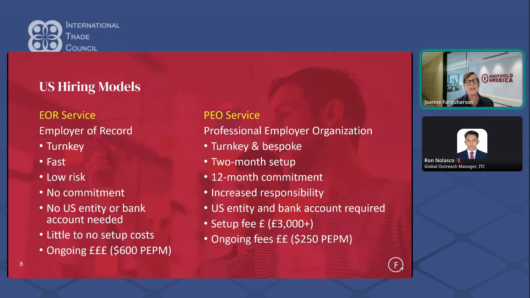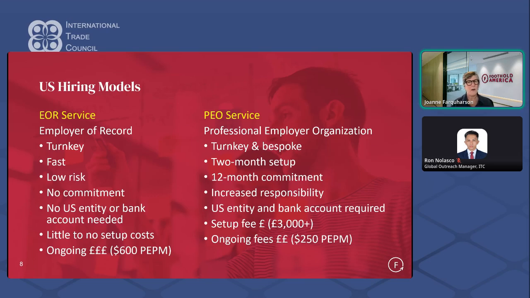Here, you'll be making decisions like how much should I contribute to health insurance, or what is my policy around vacation time, or do I want to put in a retirement benefit for employees.